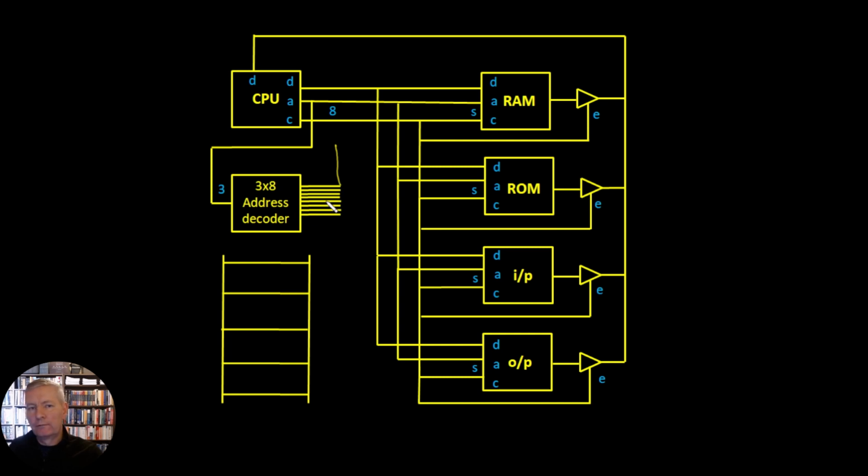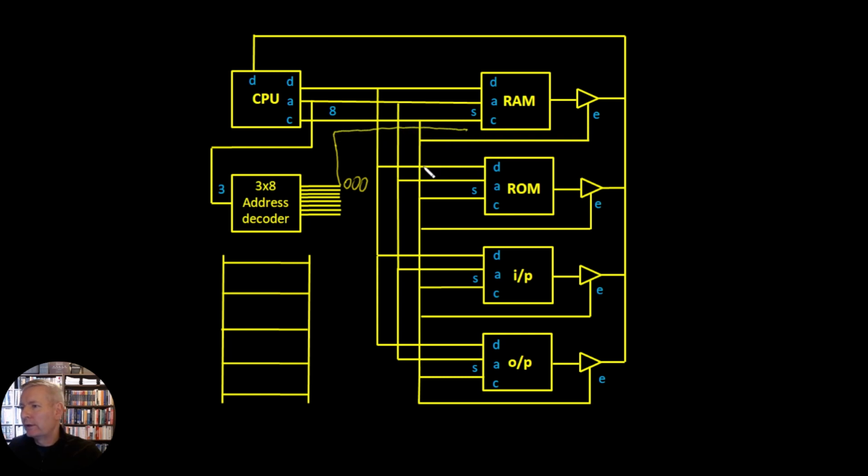So let's say the first bit of our 3x8 decoder comes on whenever the values are 0, 0, 0. So when we get 0, 0, 0 for these 3 bits that come in here, we're going to get this line going high. So this line here is going to come in and it's going to control something inside this RAM here, and it's going to be dedicated to just this block.